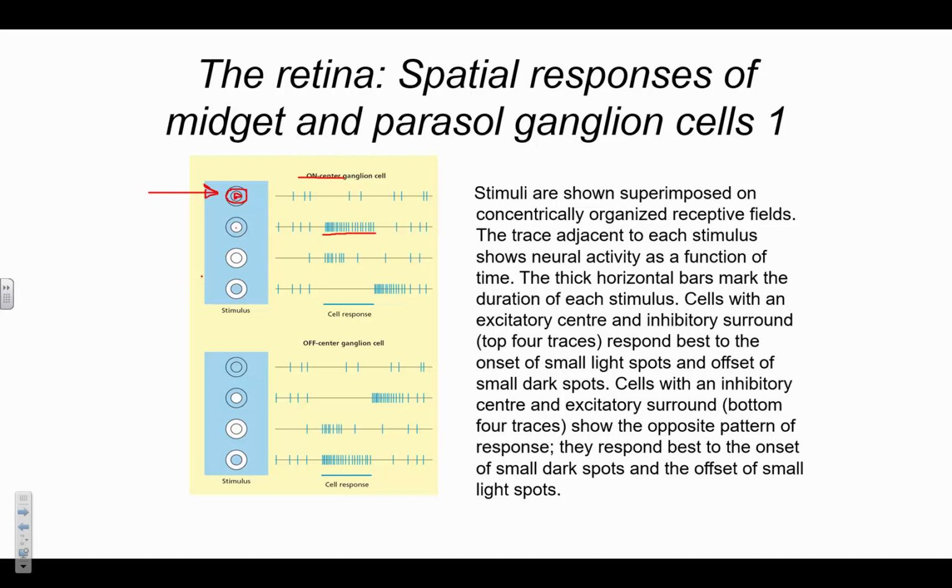If the center is off, the surround is the opposite. If you excite both the center and surround, you get a few little responses, not quite as much as up here, but more than nothing. And if you just put a stimulus onto the surround, then you get this massive inhibition.